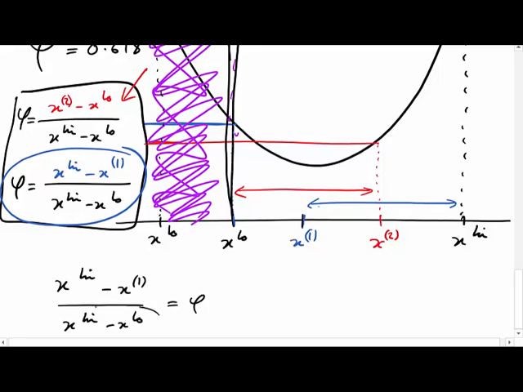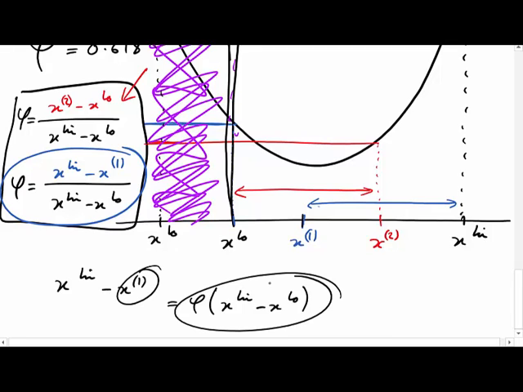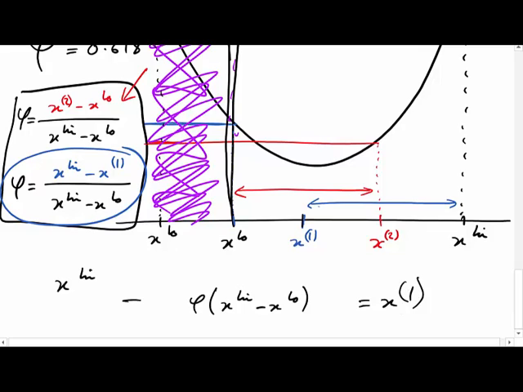Then I multiply through by x high minus x low, and I want to find what x1 is equal to. Swapping x1 with this term, I end up with x1 equal to x high minus phi times (x high minus x low). So x1 is x high minus the distance, the ratio from x high to x low, and that makes sense, since x1 is of course that distance from x high.